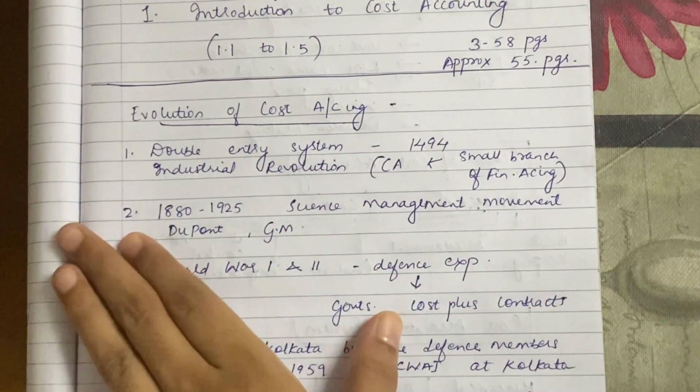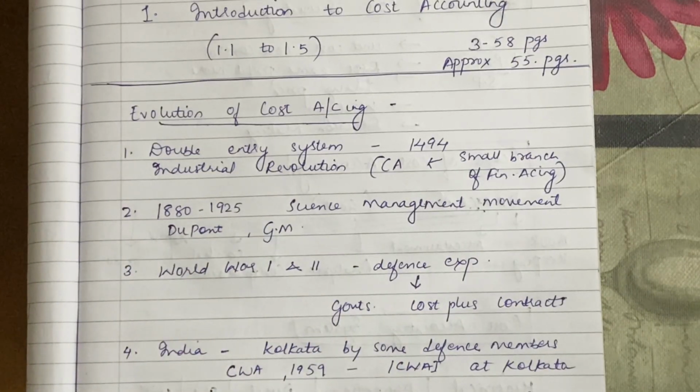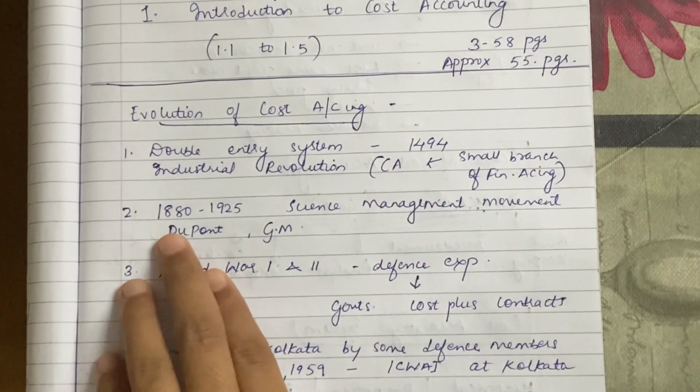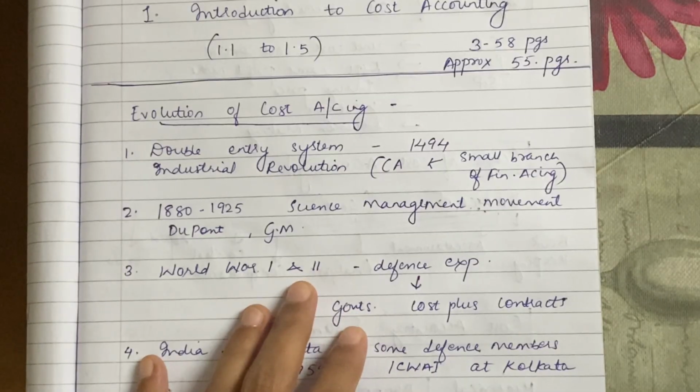Then in the period of 1880 to 1925, all the industries evolved. It was known as the scientific management movement, where science was given more priority, with new technologies and scientific research. This was the era when DuPont and General Motors came into existence.